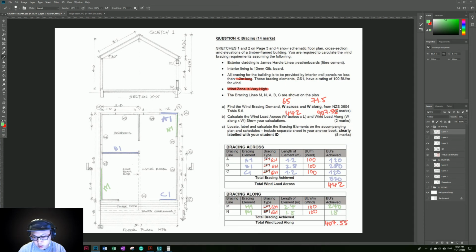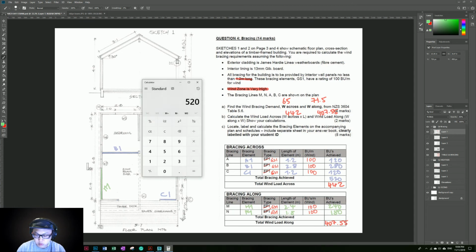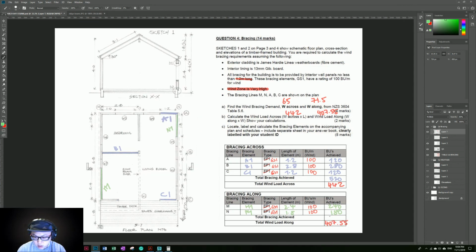So you get 180, and then we just add the 240 plus 180. It's 420. So we are both over the requirement, so it's okay. If you ever get lower than those loading requirements, there is a mistake somewhere.